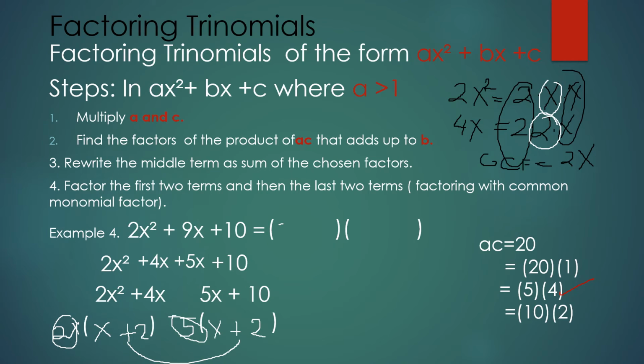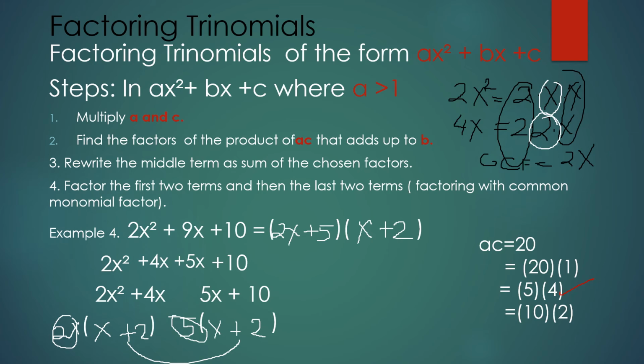You're going to write it here: 2x plus 5. And then this binomial factor that is the same, just write it here in the second factor. So this is now the factored form of 2x squared plus 9x plus 10, which is equal to 2x plus 5 times the quantity x plus 2.